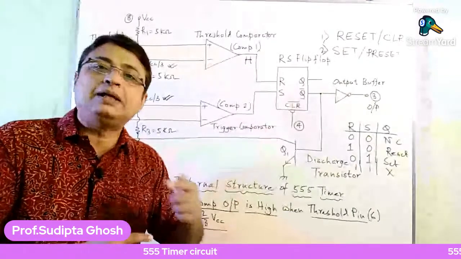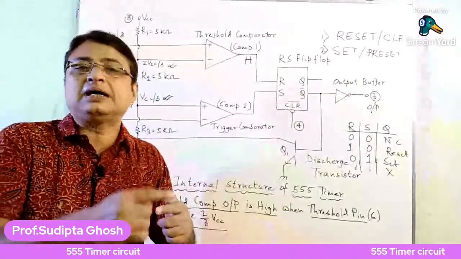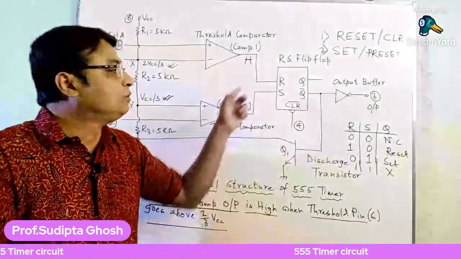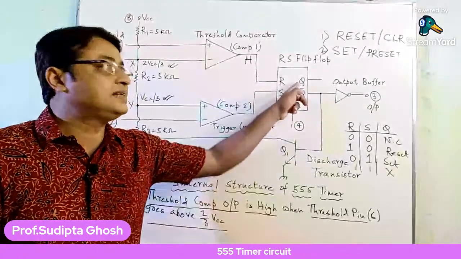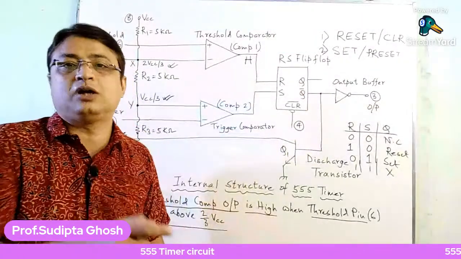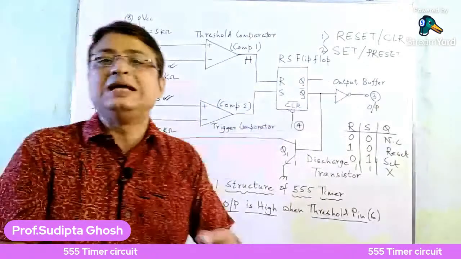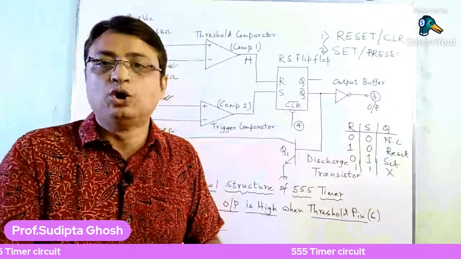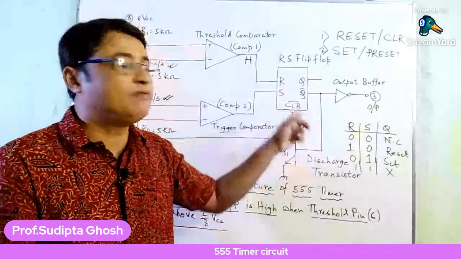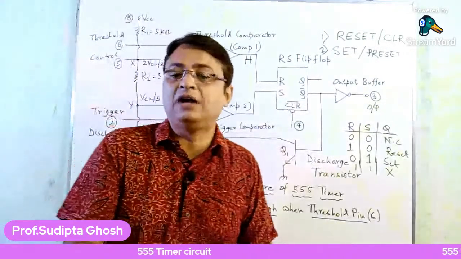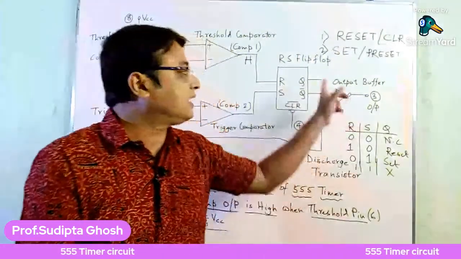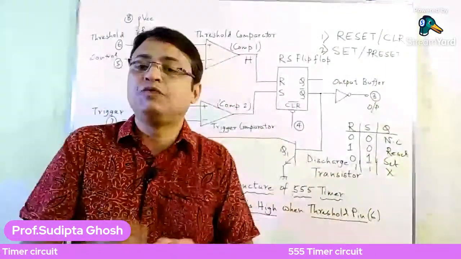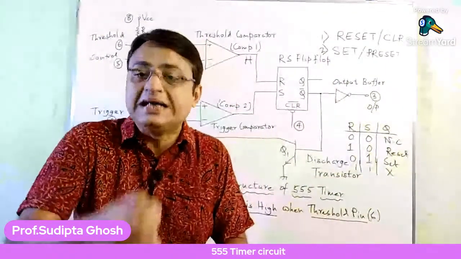So to enable the clear, that is to make the output Q equal to 0, because clear means giving a 0 to the output, whenever we have to give a value of 0 at the Q terminal, we have to enable the clear input.